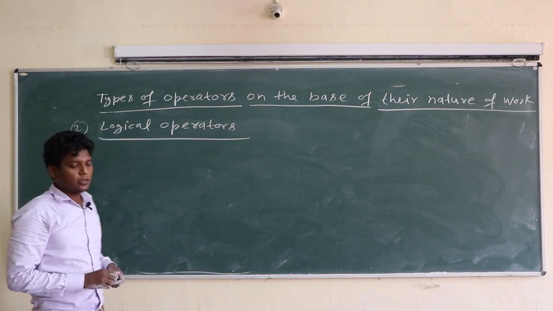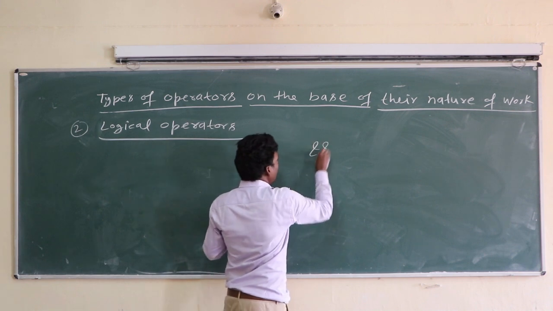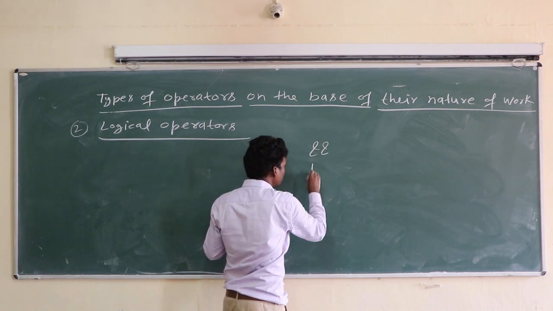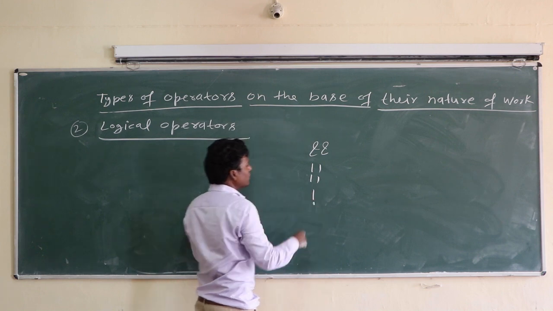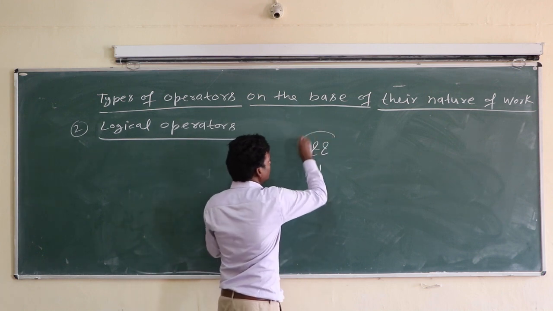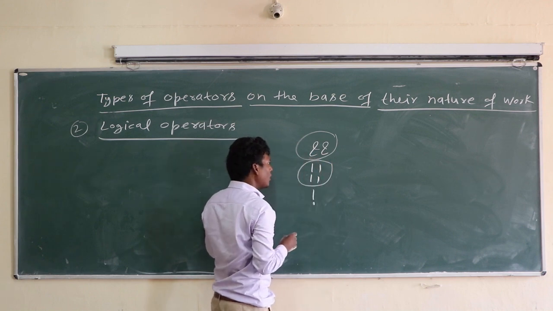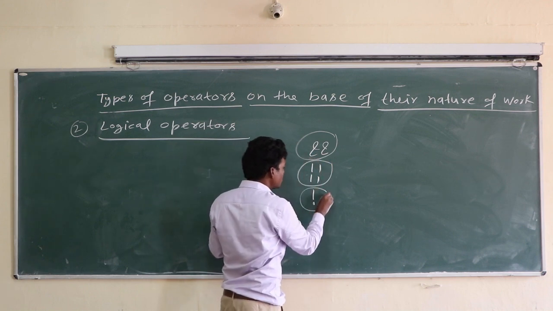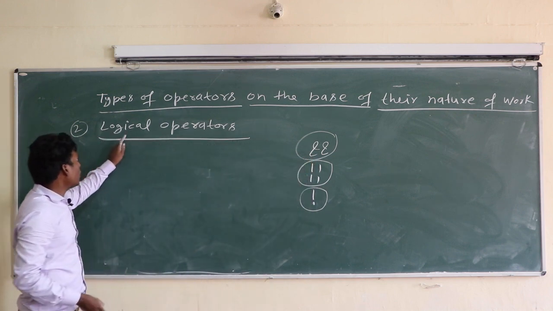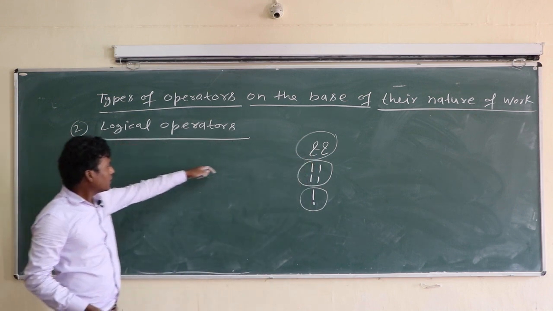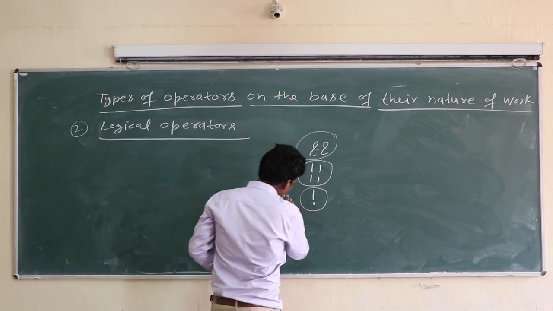There are three logical operators: the AND operation, OR operation, and NOT operation. So this is logical AND, this is logical OR, and this is logical NOT.